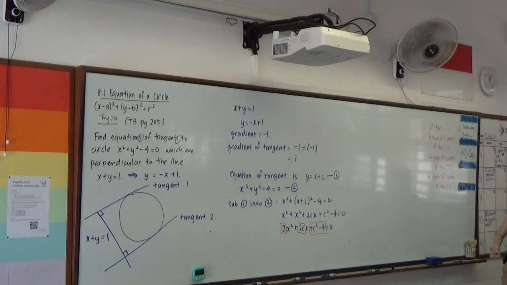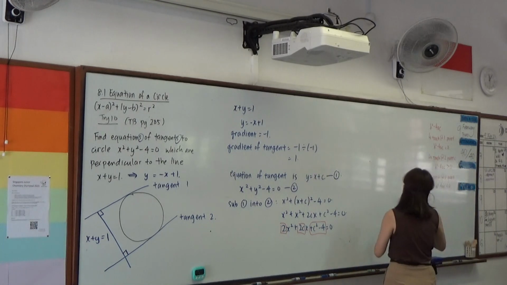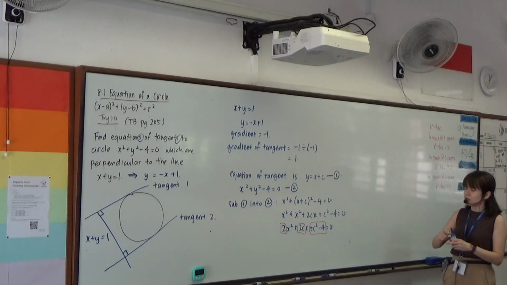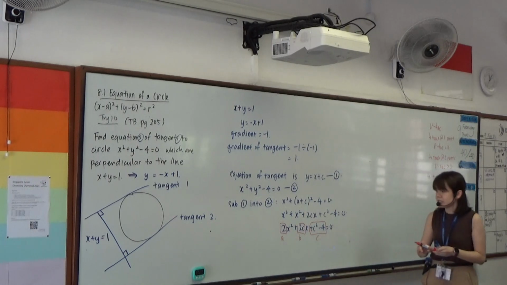So that means that in this case, touch one point only, your tangent discriminant equals to 0. So your b value is 2c, a is 2, and c is c squared minus 4.